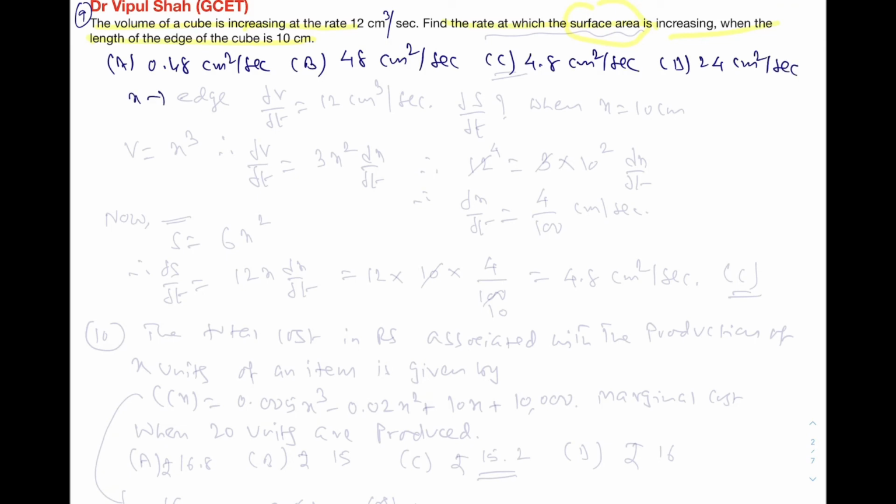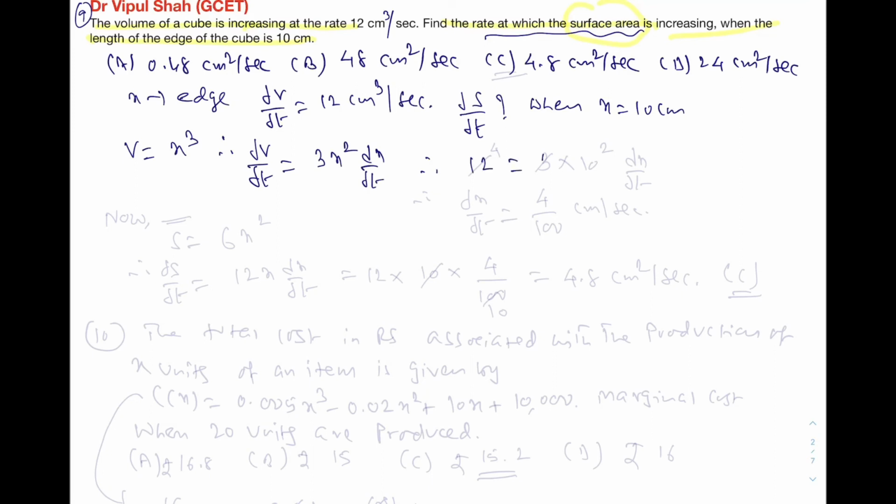Now say x is the edge, then what are you given? Volume of cube. So you are given dV by dt 12 centimeter cube per second. You want to find surface area. So say S is the surface area, then we want to find dS by dt when x equals 10 centimeter. Now, what is the formula for volume? That is nothing but x cube. So dV by dt equals 3x square dx by dt.